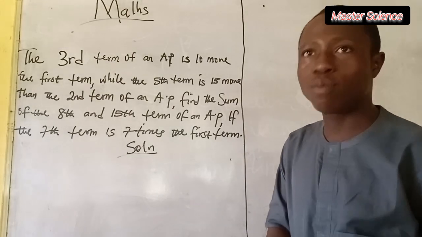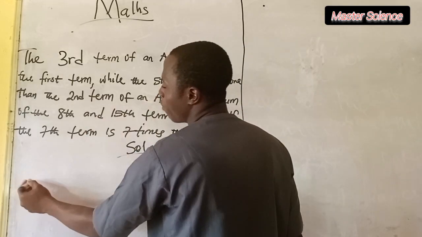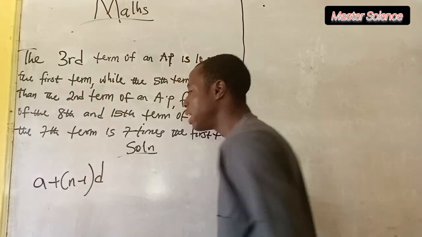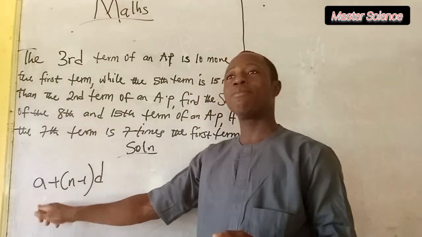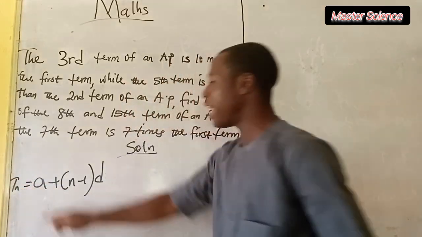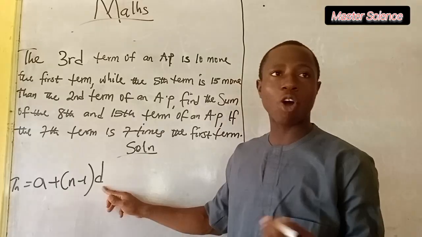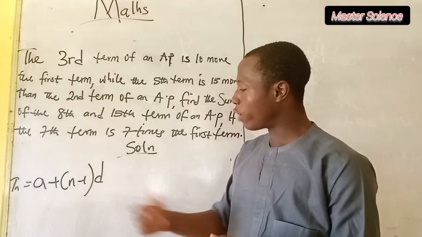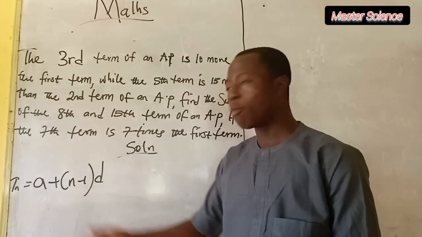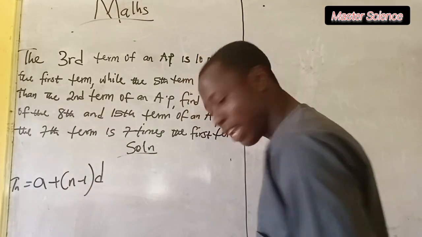In AP, when we are looking for the nth term, we have a formula: A plus (n minus 1) D, where A is our first term, n is the number of terms, and D is the common difference. That means when you are solving for this AP, you need to know the first term, the number of terms, and the common difference. You are good to go. Now let's solve the question.